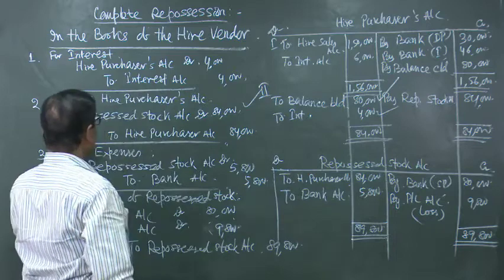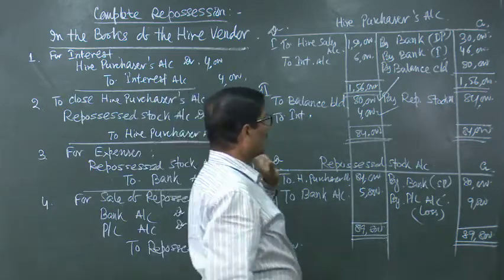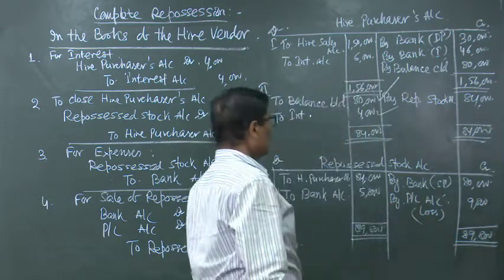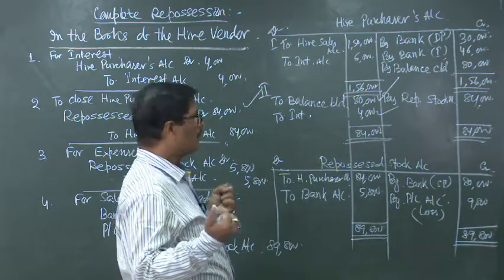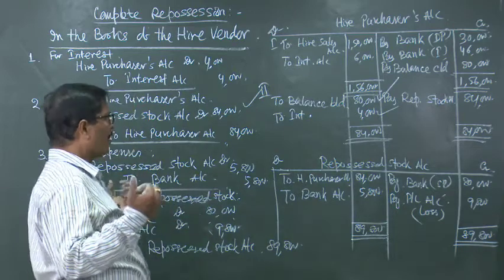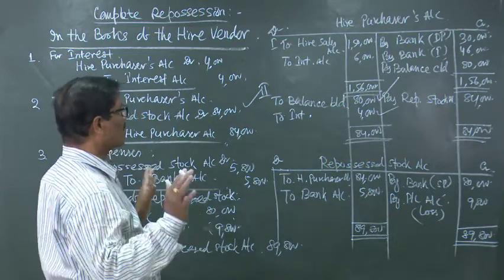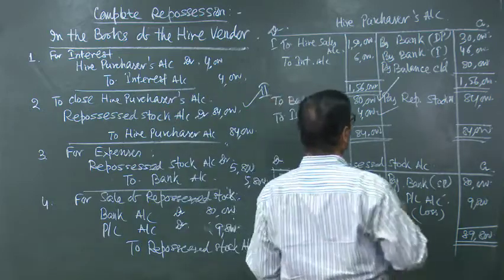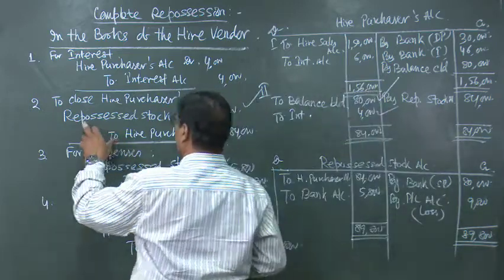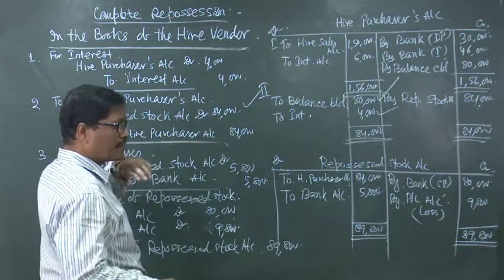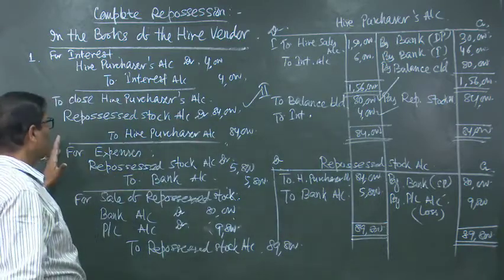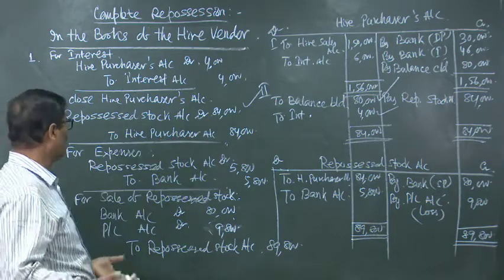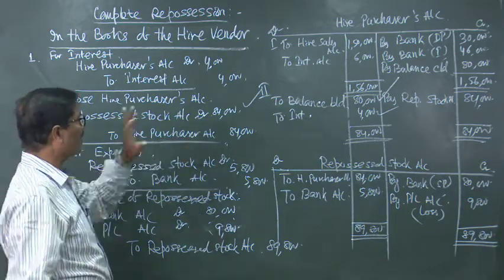Then we will be closing this account because he is defaulting and he is not interested in giving the amount. So, we will be repossessing the stock, that is the car, and his account first of all will be closed and transferred to repossessed stock account. What will be the entry? The entry is repossessed stock account debited, because it is a real account, debit what comes in, repossessed stock account debited. To this 84,000, I shall come later, to hire purchaser account 84,000.